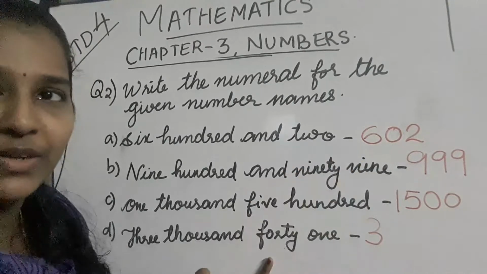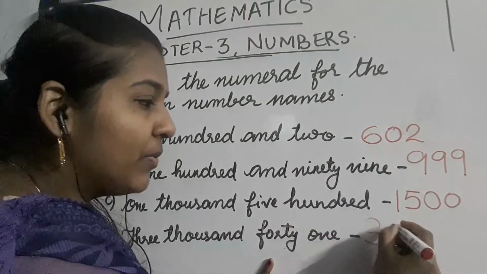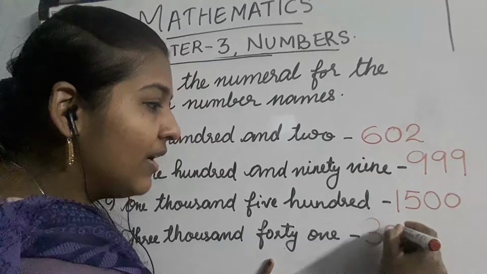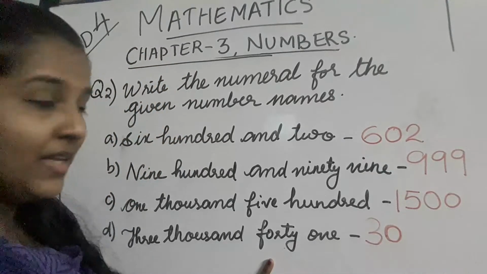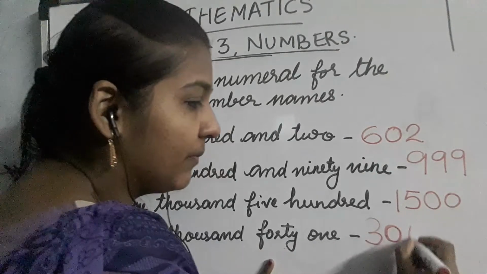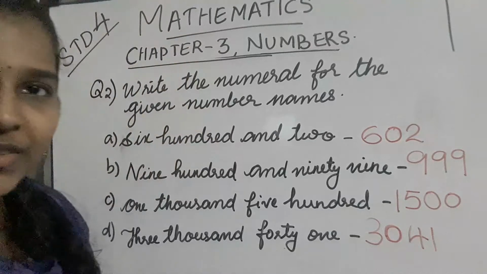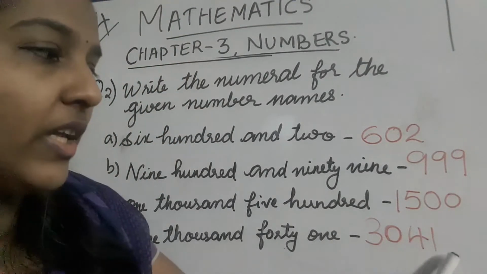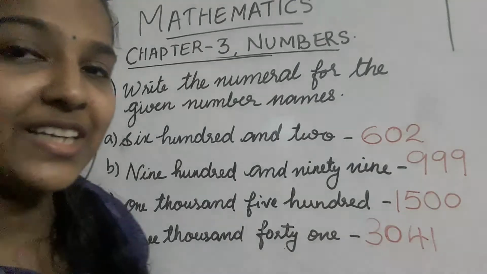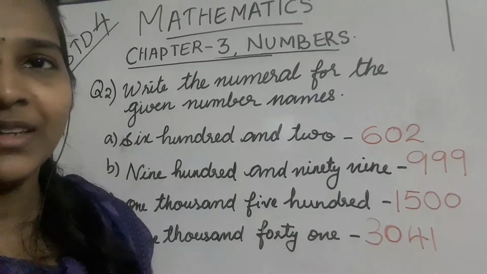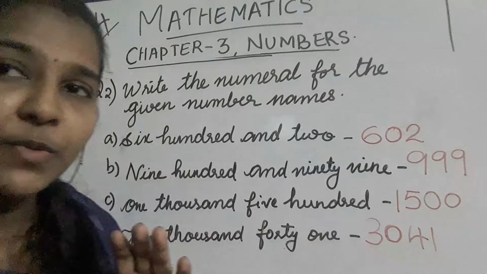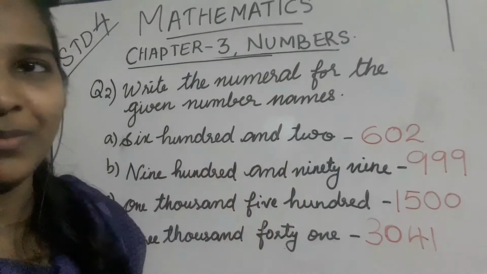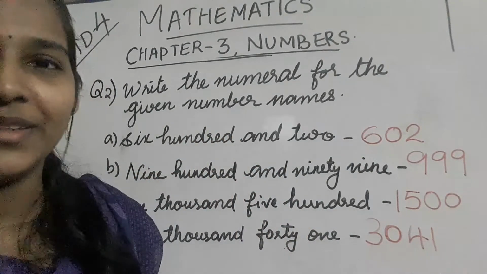Tens and ones are given. So you can put the 0 for hundreds place. Then 41. Okay. So look here. 3041. This way we can write this numeral. Got it, children? Everyone practice more questions of this type. Okay. Alright.